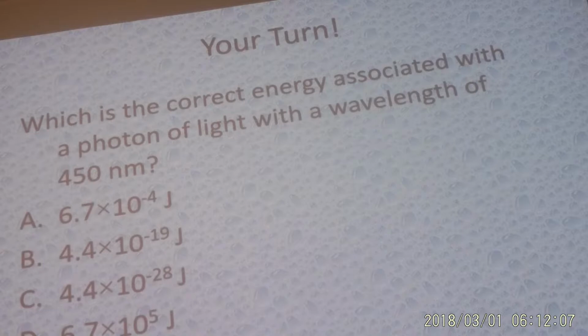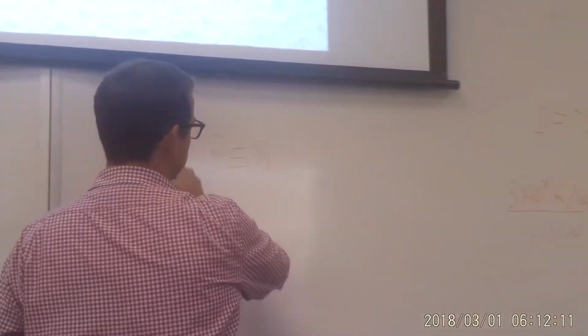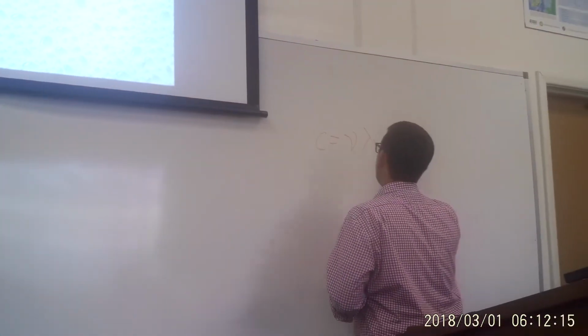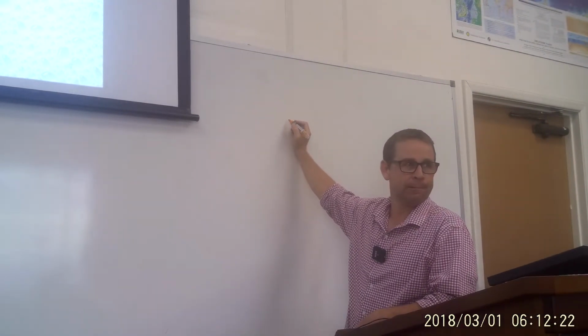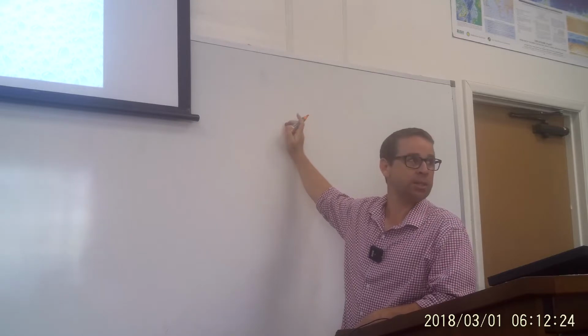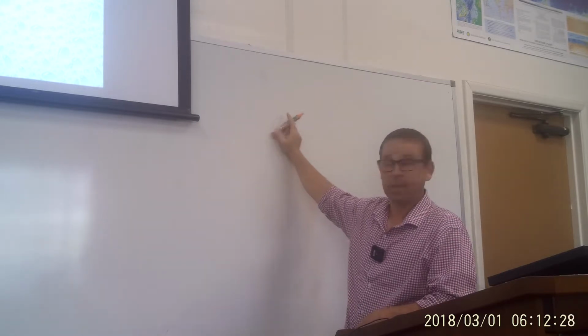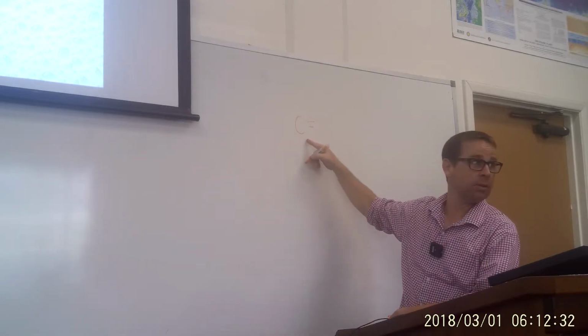How does wavelength relate to frequency? I think I just erased it. How does wavelength relate to frequency? The shorter the wavelength, yes, that's right, through the speed of light.